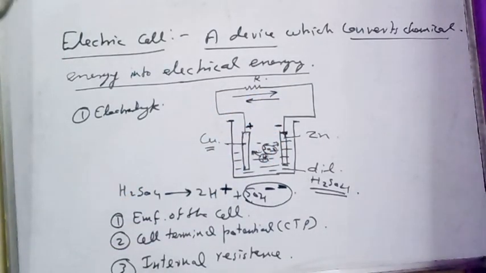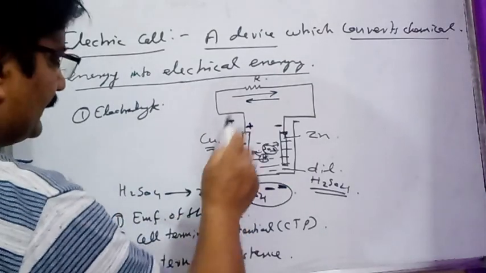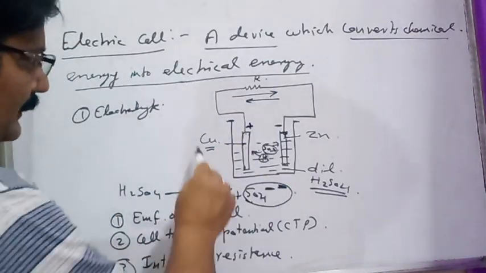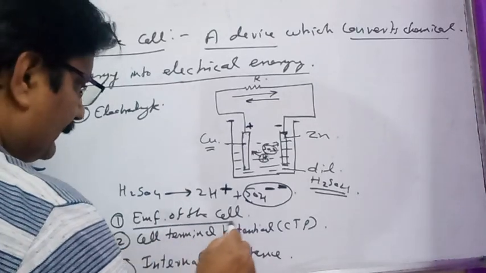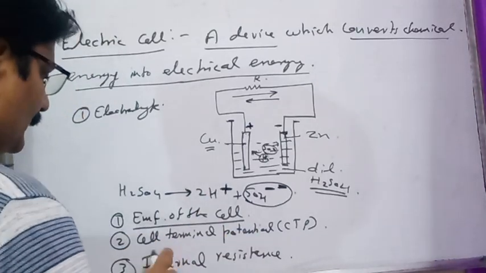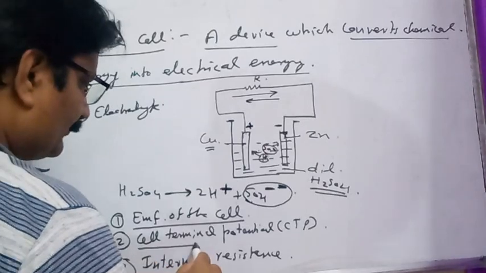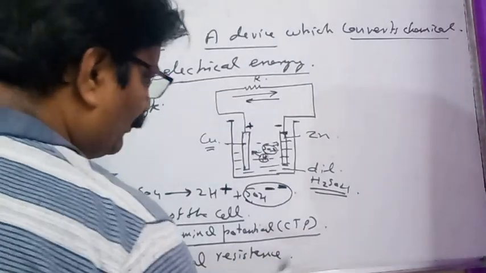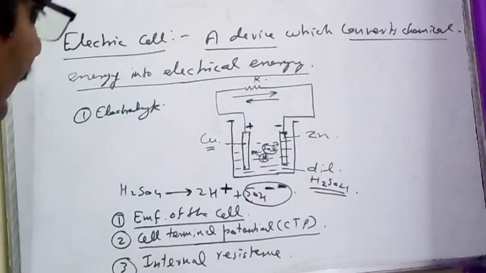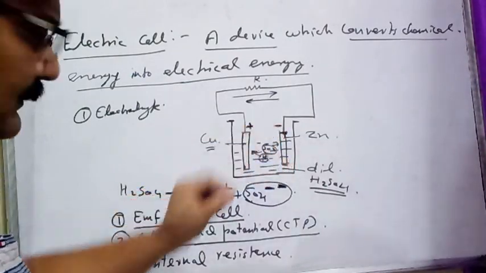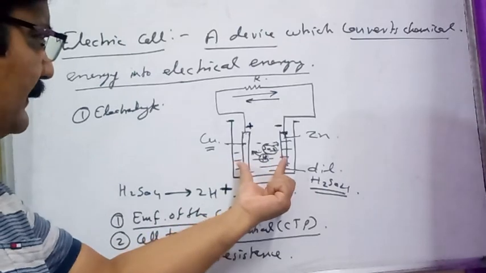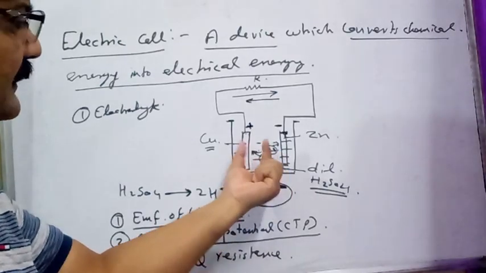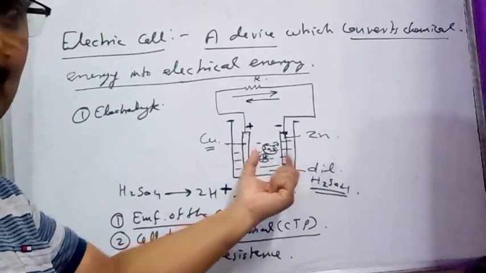Now, how is an electric cell characterized? An electric cell is characterized by the EMF of the cell, its cell terminal potential. Actually, EMF and cell terminal potential are both potential differences between the electrodes of the cell. But EMF is the potential difference between the electrodes of the cell when the cell is in open circuit.